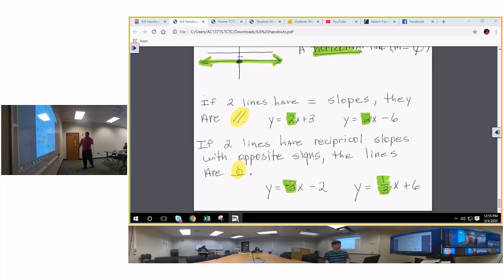So if you solve for y on both of these, and you get equal slopes and different y-intercepts, then you have parallel lines. If you have a -3 here and a positive 1/3 here, or a positive 3 here and a negative 1/3 here, they're perpendicular.